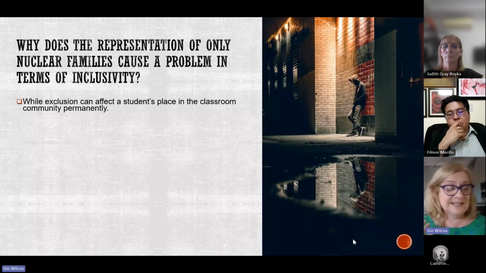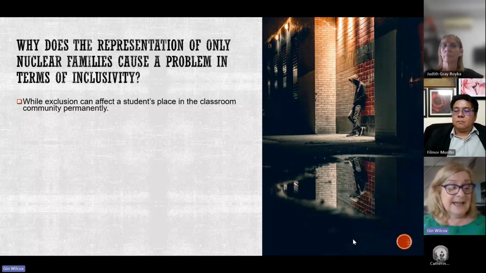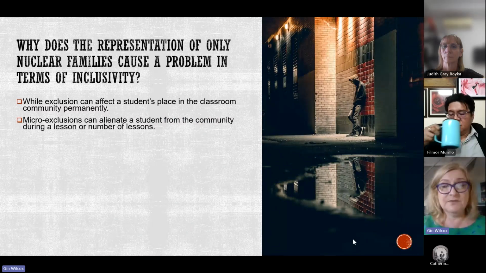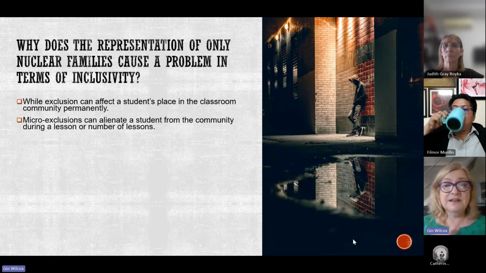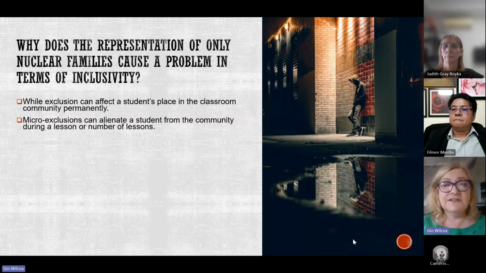If a student feels excluded due to race, gender, sexuality, or disability, obviously this can have an impact on every single lesson that they attend. Perhaps exclusions due to family structures could be described as a micro exclusion, and it might just alienate the student from the community during a lesson or a number of lessons.